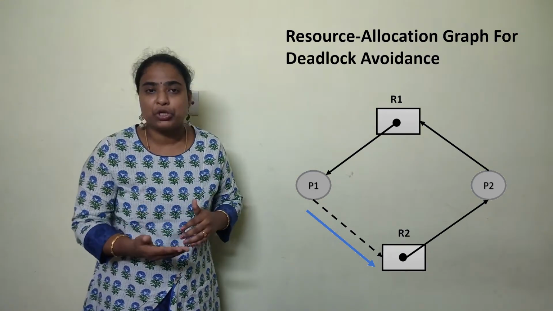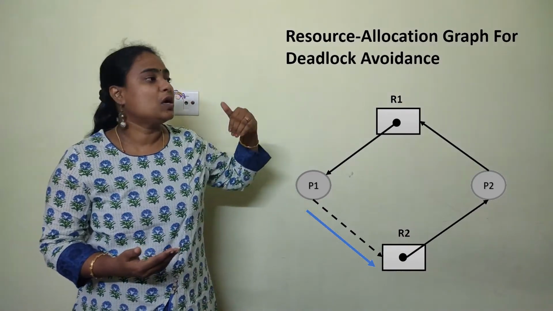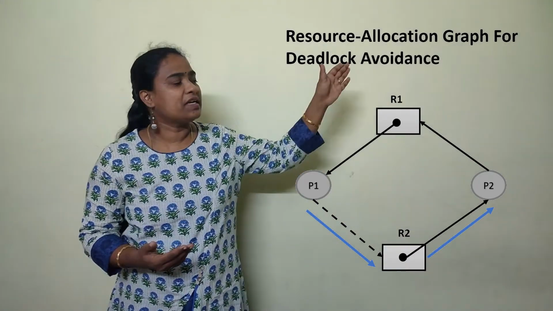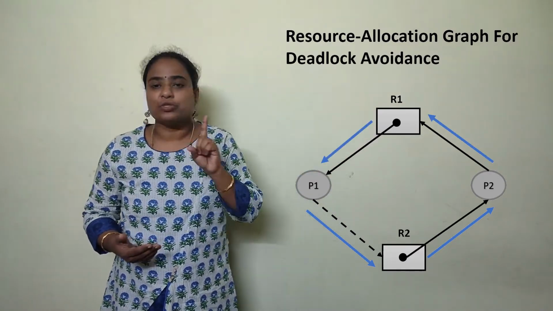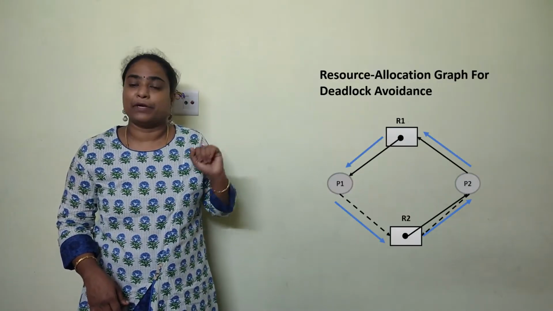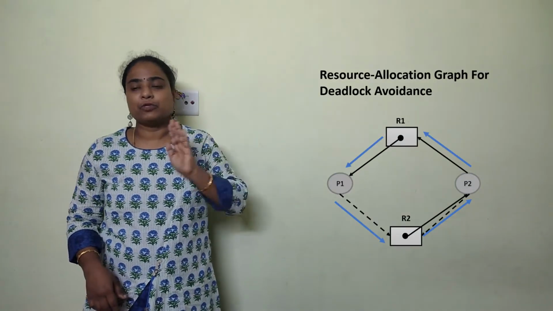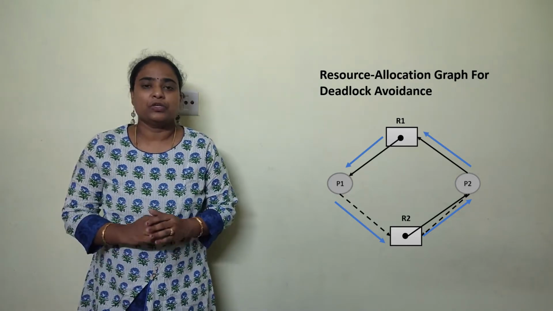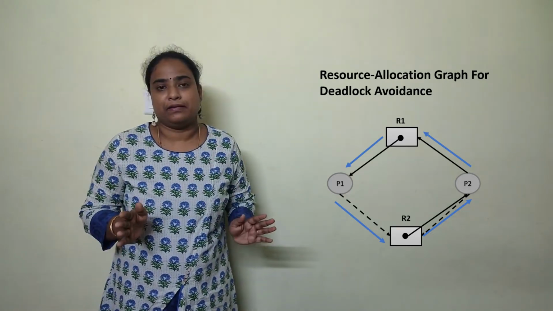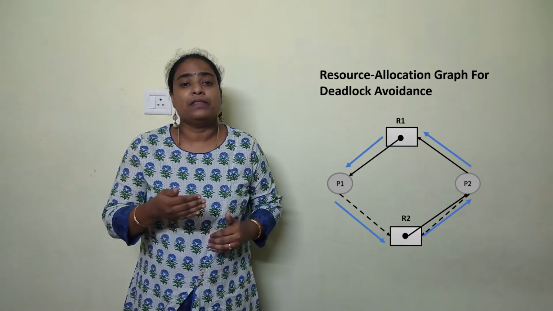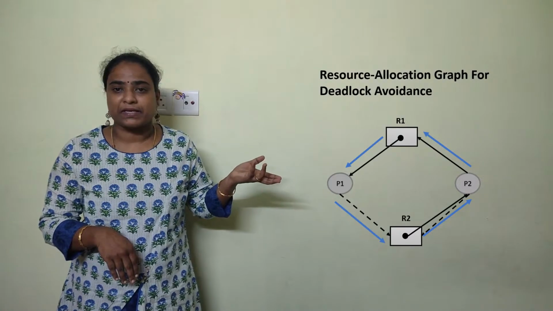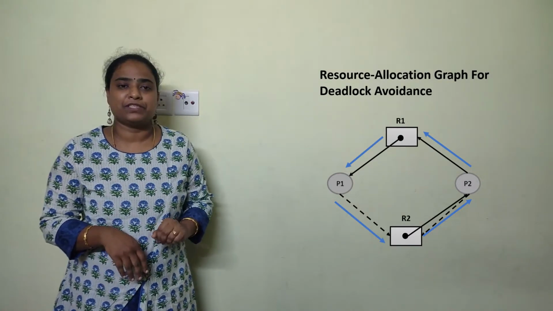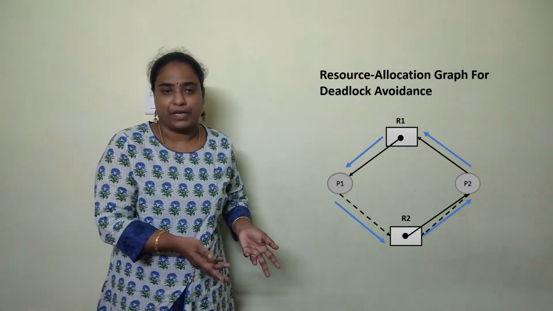If the conversion of this request edge into an assignment edge is going to create a cycle in our graph, then the system is not in a safe state and we do not process that particular request, and the process will go to the waiting state. If the conversion of the request edge into an assignment edge is not going to create any cycle, then we say the system is in a safe state and we grant that request.